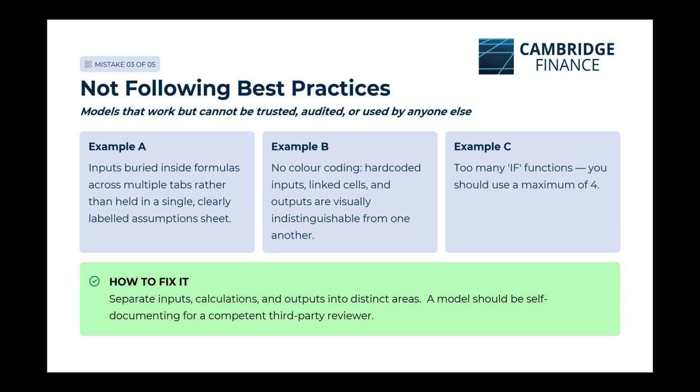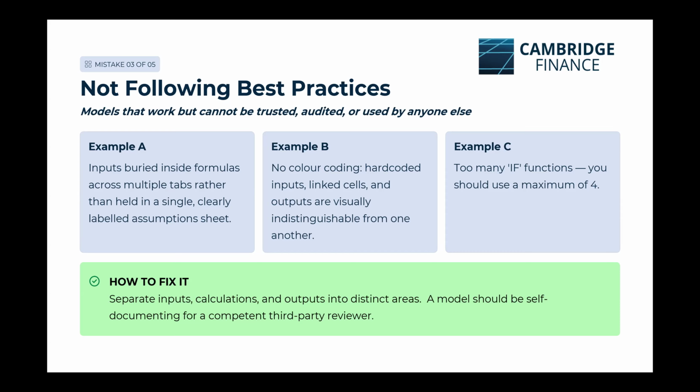That might be a problem as well. And then the other thing, which is not really an error as such, but it's an error because you don't follow best practice, is if you have too many functions. For example, the formulas are like 5 lines long.